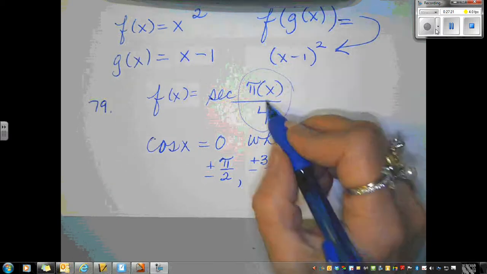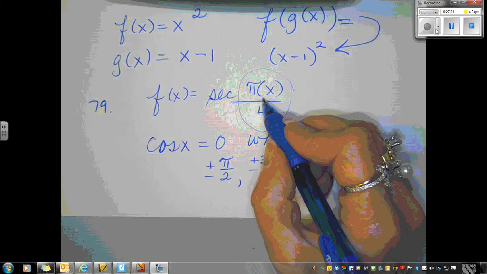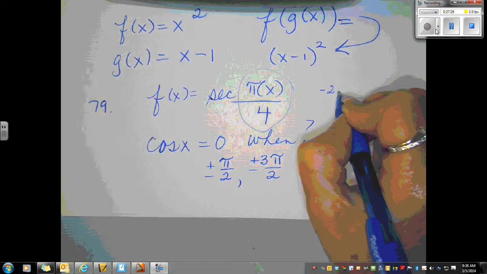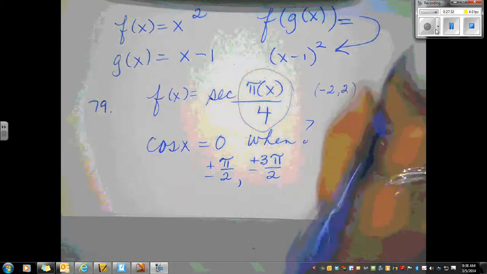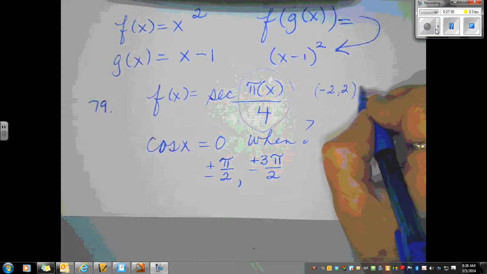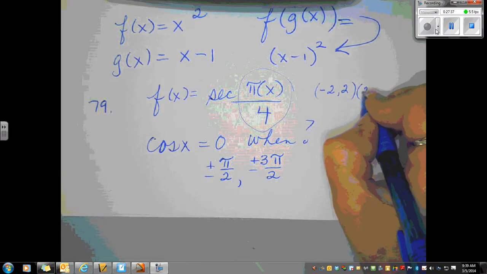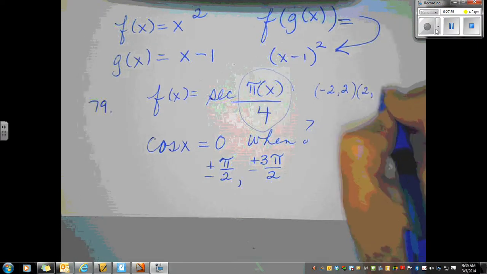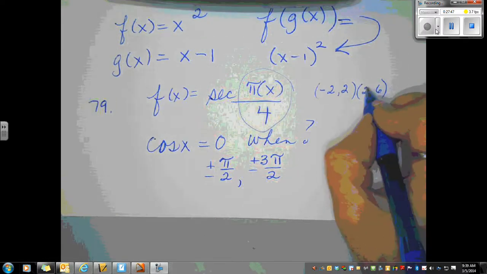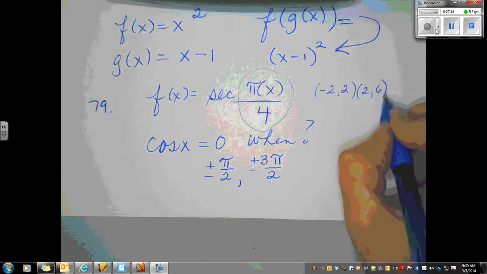If you look at that thing there, if you go from -2 to 2, you're okay, right? Then if I go from 2 to, what is it, 6? And there seems to be an interval of 4 here.